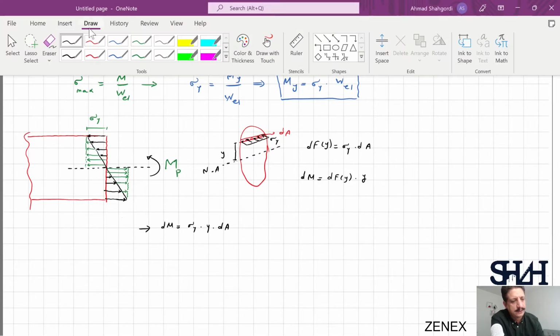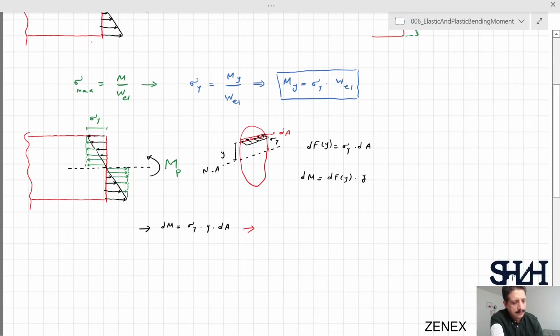Now for having the entire moment, we need to take the integration. Sigma y is a constant value, so we integrate y dA. If we compare this equation for plastic moment with the equation for yield moment, we can see that this is sigma y, which is the same as sigma y in M y.